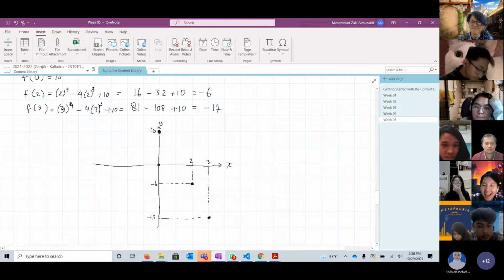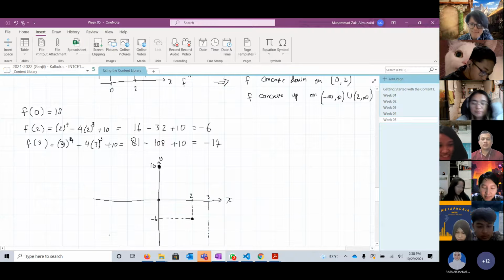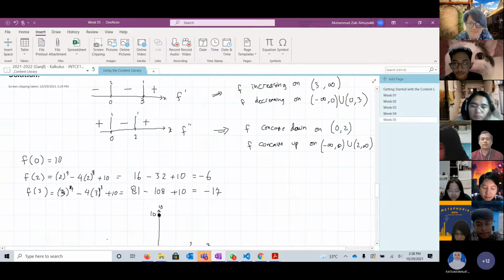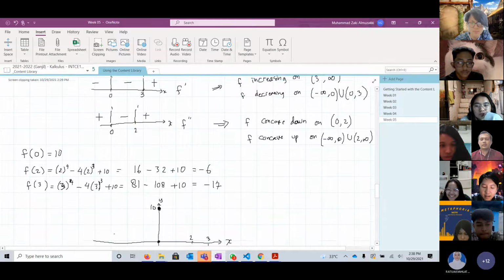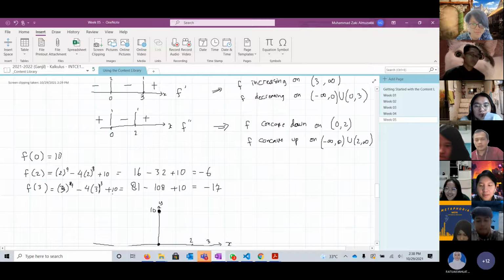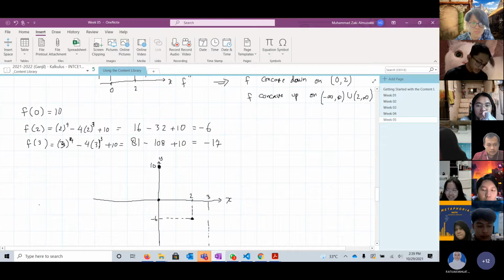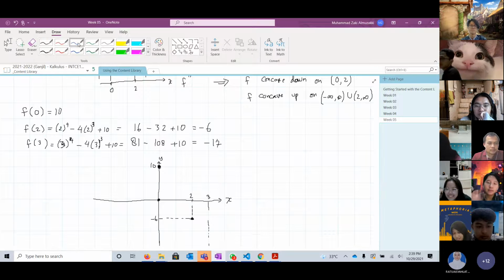So what we have is that from 0 to 2 is concave down, and from minus infinity to 0 is decreasing and concave up. Let's plot it with the blue color.